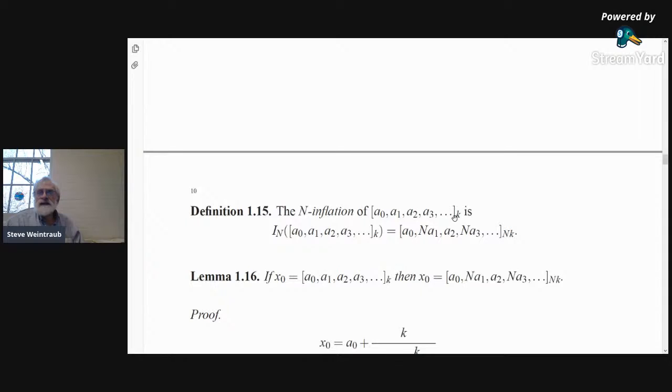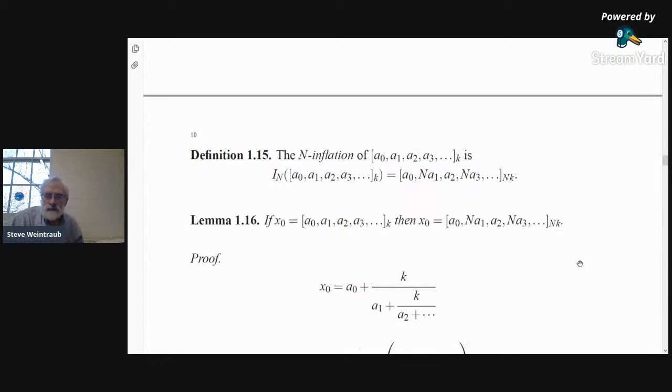So suppose we start with a CFK expansion, A0, A1, A2, A3, etc. Its n-fold inflation will be the CFNK expansion that I get by leaving all of the even A's alone and multiplying all of the odd A's by capital N. So I sub capital N of A0, A1, A2, A3, etc. sub K is A0, capital N A1, A2, capital N A3, etc. sub capital NK. And the point about inflation is that inflation does not change the value of the continued fraction. If the original continued fraction had value x sub 0, then its inflation also has value x sub 0.